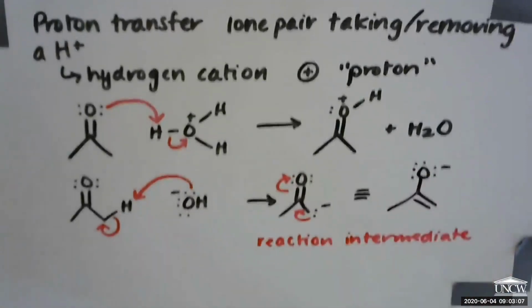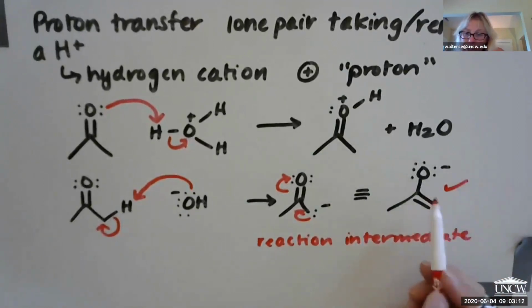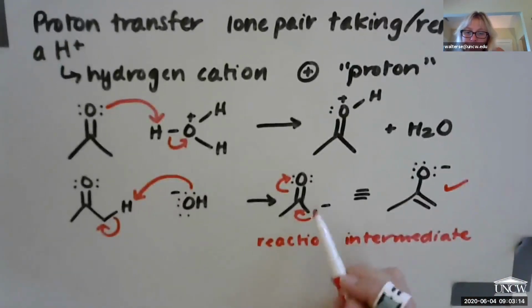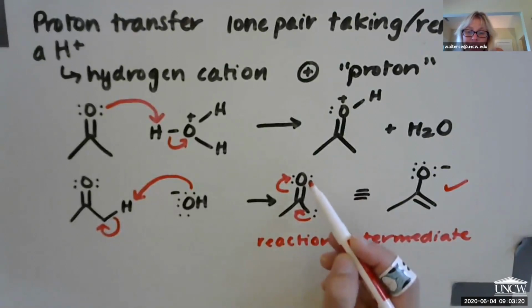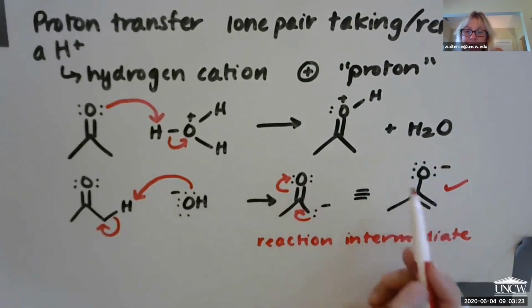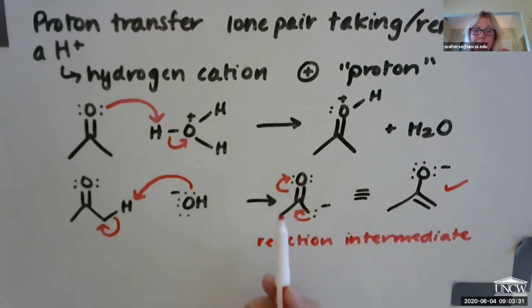In this particular case, this is the better resonance structure, because when you compare the two atoms that are being asked to carry charge, you have an oxygen and a carbon. Oxygen is more electronegative than carbon, so it's going to be easier for the oxygen to carry the extra lone pair than for a carbon atom. So this is actually the more dominant species at equilibrium, but this is the species that you would write as a result of the first step, which is the proton transfer.